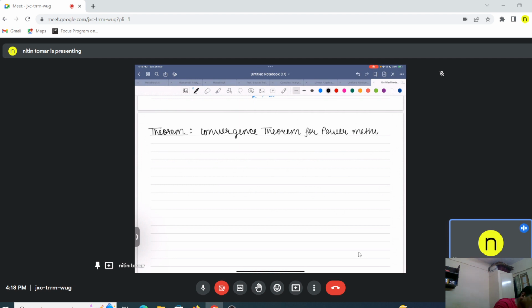Let A be an n cross n matrix with real eigenvalues such that all those three assumptions that we have seen hold.